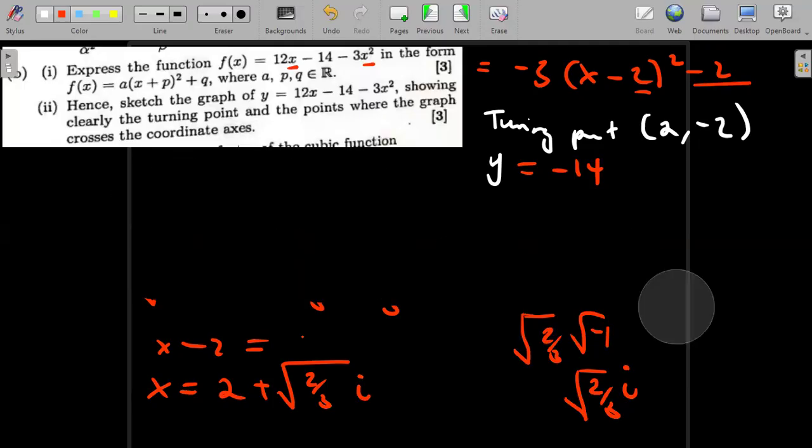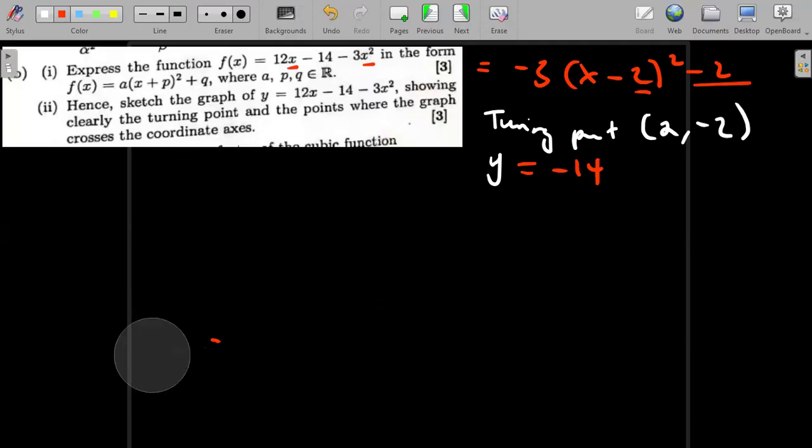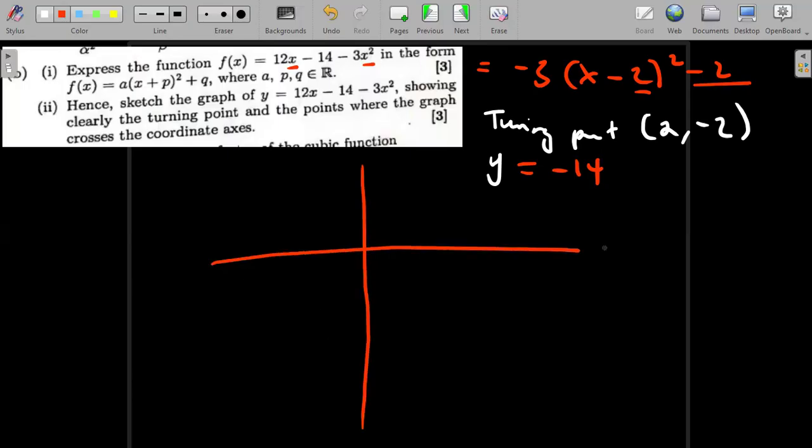We have all the intersecting points, which are the y-intercept and the turning point. So you can draw your axis like that. Okay, so you have your x there and you have your y. Then here you identify, our turning point is 2 comma negative 2.